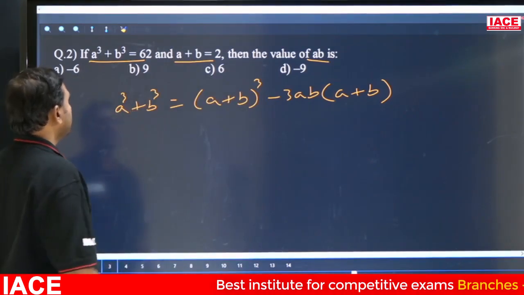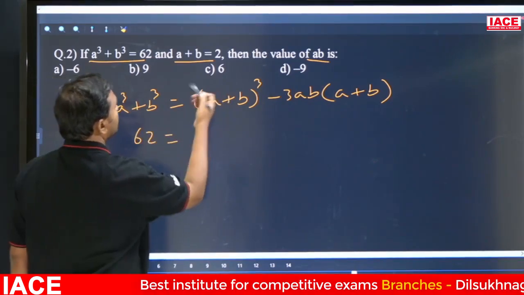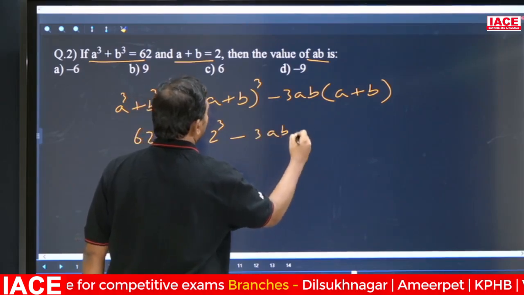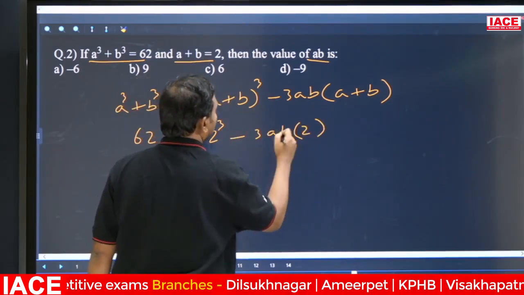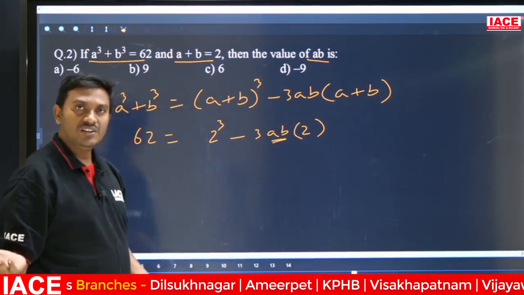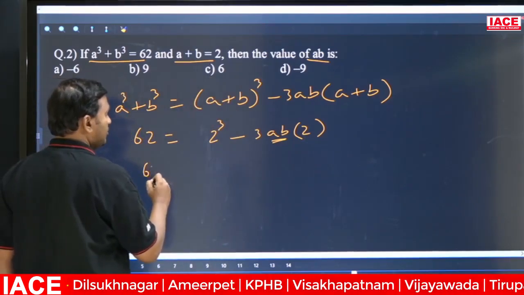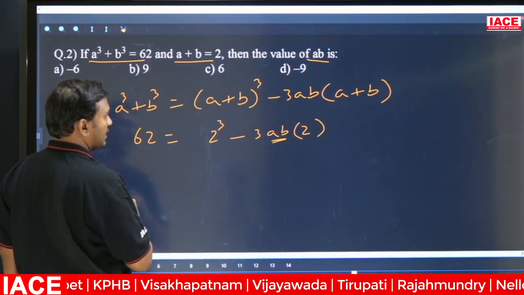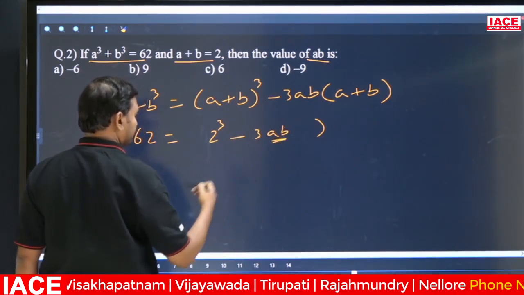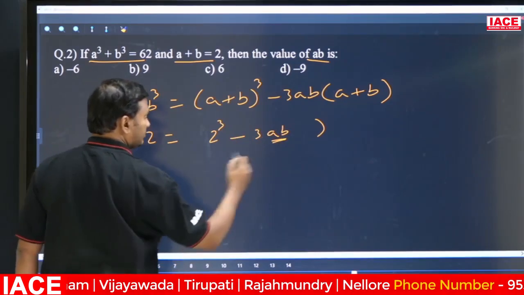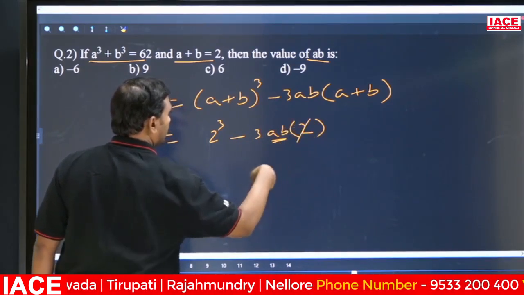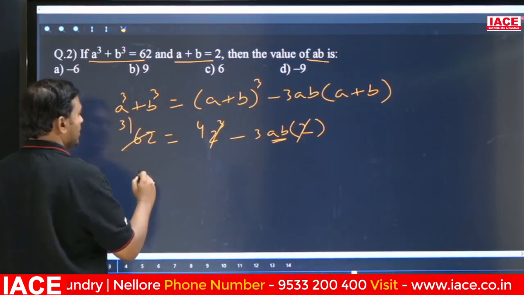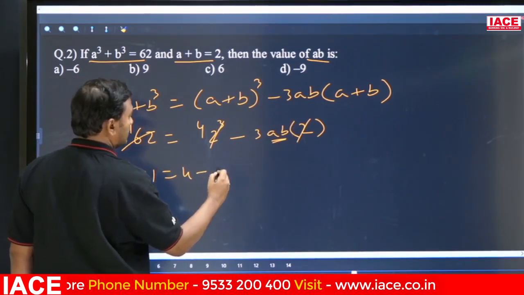What is a cube plus b cube? 62. What is a plus b? 2, cube, minus 3ab into a plus b. The only thing we have to find is ab. Every value we know. So 62 equals 8 minus 3ab into 2; the 2 will cancel, so 31 equals 4 minus 3ab.